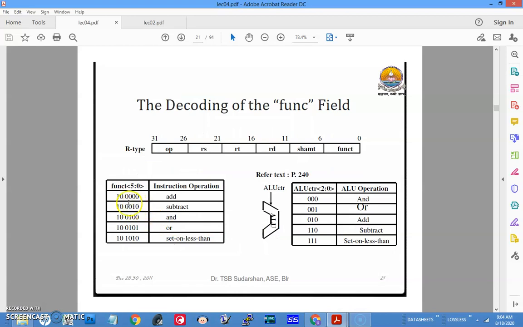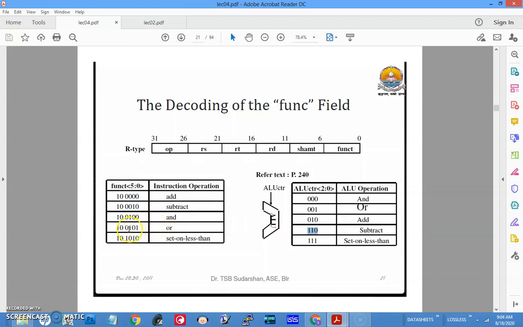If you look at the function field, the function code for add is 0, 0, 0. So we take 0, 0, 0 as the ALU control code for the add instruction. For subtract, the last 3 bits are 0, 1, 0, so when subtract comes, this has to be given to the ALU control line.